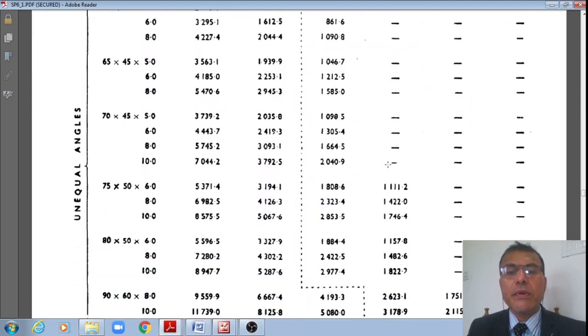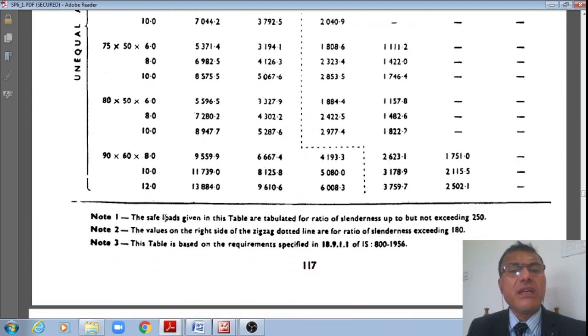Now let us see what is meant by that dotted line. The safe loads given in this table are tabulated for slenderness ratios up to and including 250, or not exceeding 250. The second note is that the values to the right side of this zigzag dotted line are for slenderness ratios exceeding 180.